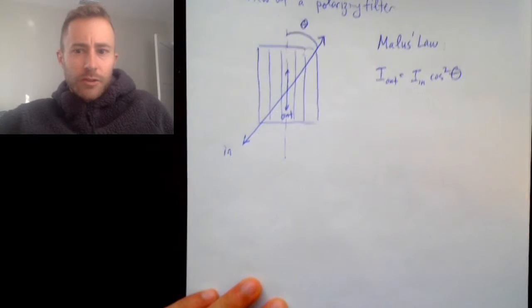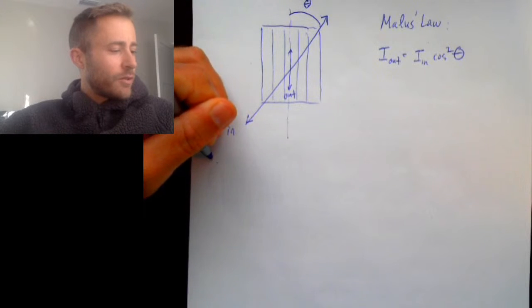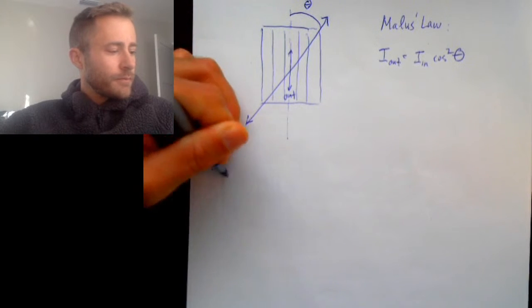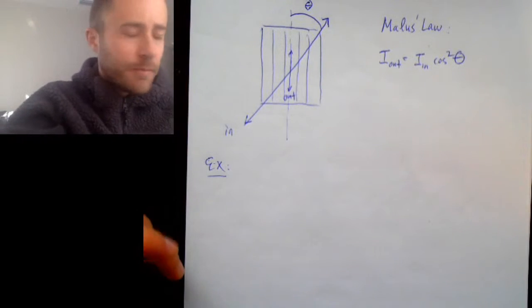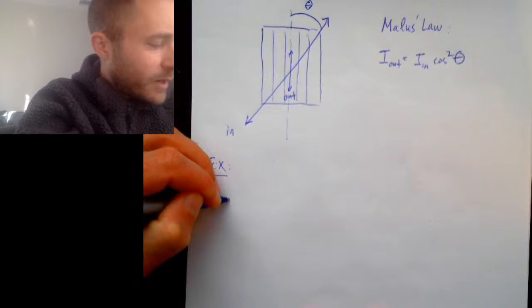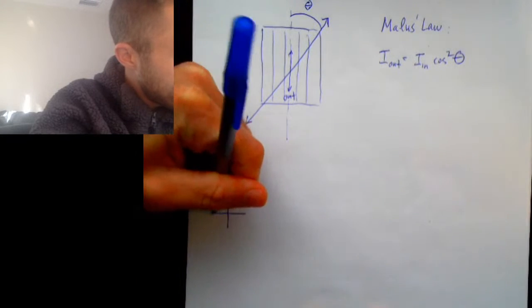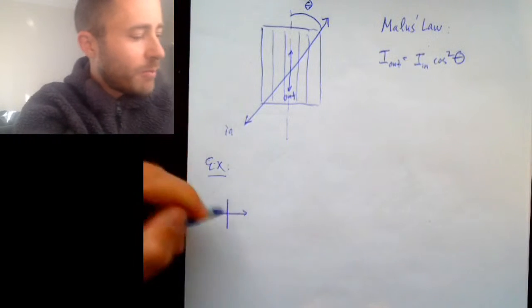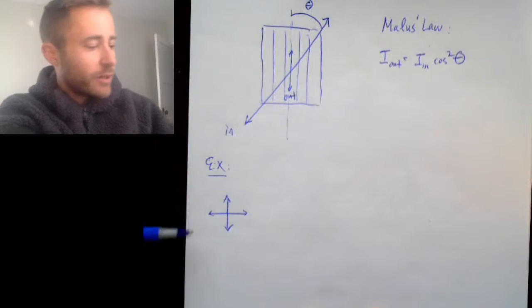All right, so let's do an example with Malus's Law, just to show how it works. Let's suppose you have unpolarized light. Unpolarized light has an equal amount of up, down, and side to side.